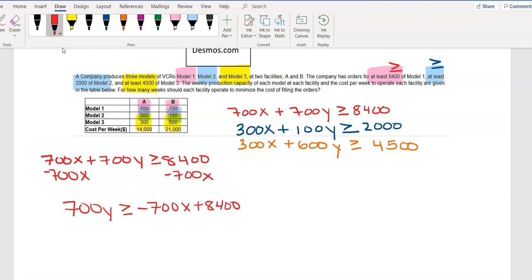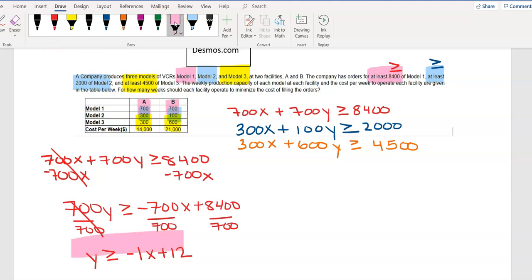Then we're going to divide by 700. And because we're dividing by a positive, we do not need to flip the inequality sign, so we're okay there. So we have y is greater than or equal to negative 1x plus 12. Okay, so that's going to be the first inequality that we use in Desmos.